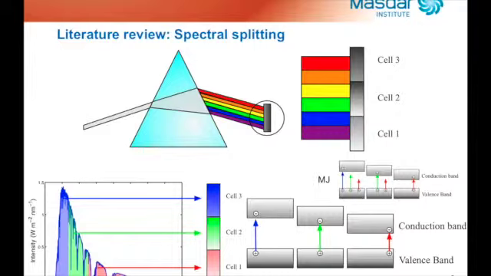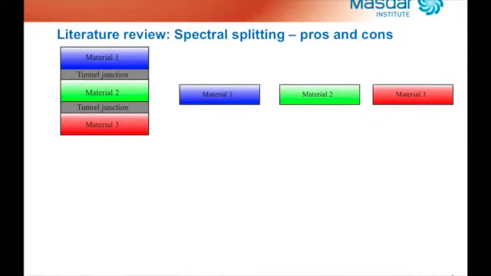Basically, the idea is to separate in space different regions of the solar spectrum and to direct each of them to the most proper solar cell. So with respect to the Venn diagram that we have seen before, the scenarios are pretty much similar, but we don't have multiple transmission through the different solar cells. Why don't we have multiple transmission?